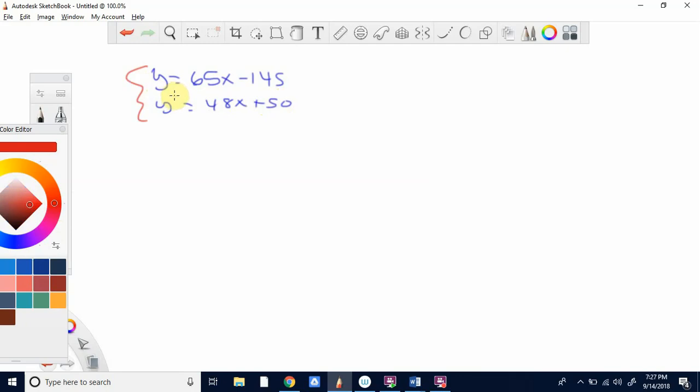It does not matter. They're both solved for y, so we can just substitute that in for y. So we can set them equal: 65x minus 145 equals 48x plus 500. If we do the algebra and solve for x, we're going to get x equals 37.9.